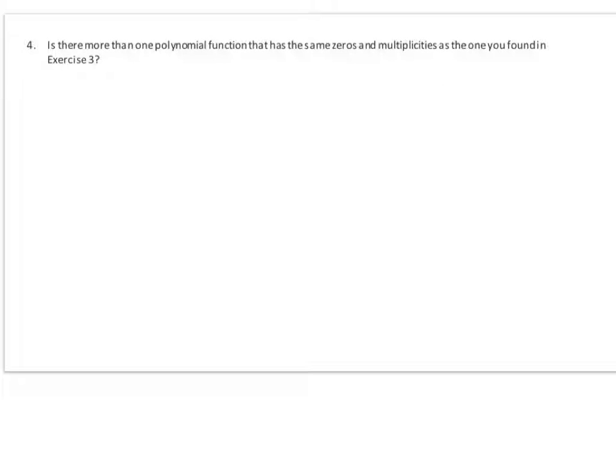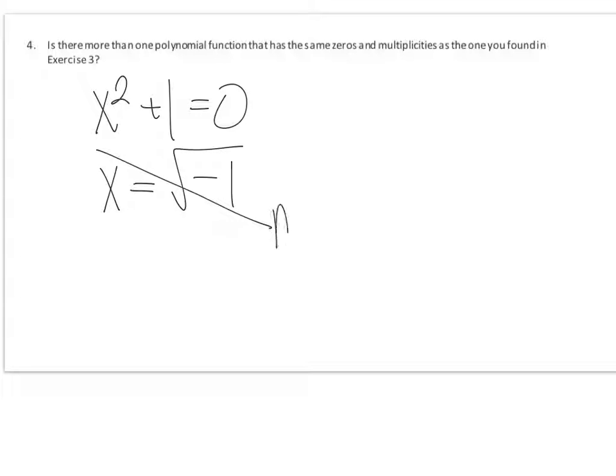Is there more than one polynomial function that has the same zeros and multiplicities as the one you found in exercise 3? Yeah, there could be. If we think back to the last problem, one of the binomials we had was x squared plus 1, which gave us x equals the square root of negative 1, not a real solution, so we didn't count it in our solutions.